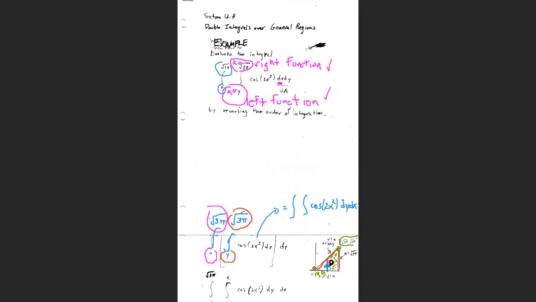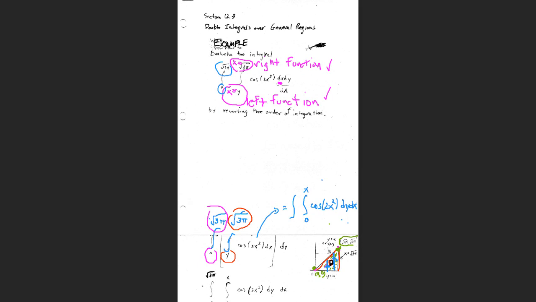I'll actually draw another. So the bottom function is y equals 0, and the top function is y equals x.